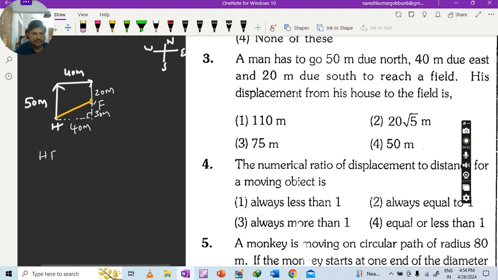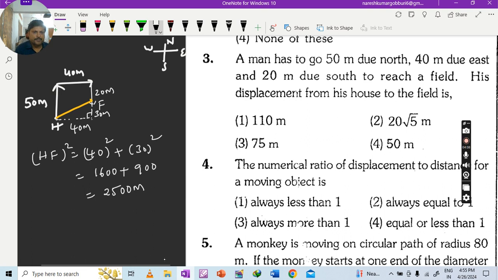HF squared is equal to 40 squared plus 30 squared. 40 squared is 1600, 30 squared is 900, so that is equal to 2500 meter squared. From this, HF is equal to the square root of 2500, which is 50 meter. So the displacement of the man is 50 meter. So 50 meter is the right answer. Option 4 is the right answer.